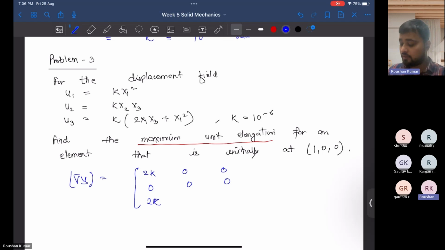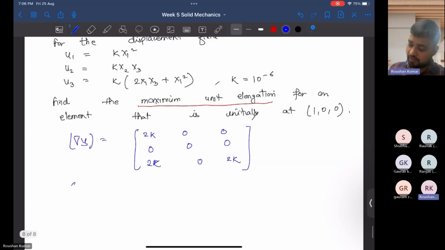Del u3 over del x2 will be 0. Del u3 over del x3 gives us 2k x1, and if we put x1 equal to 1, then it gives us 2k.